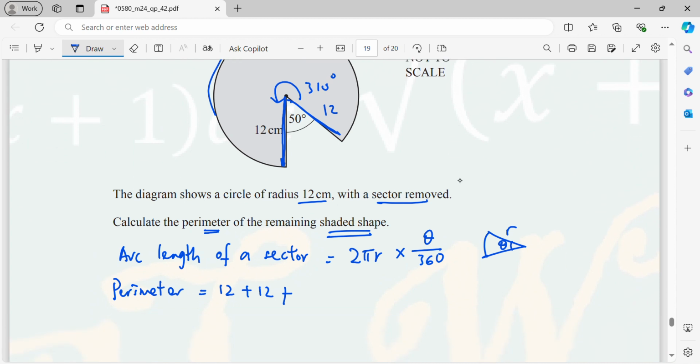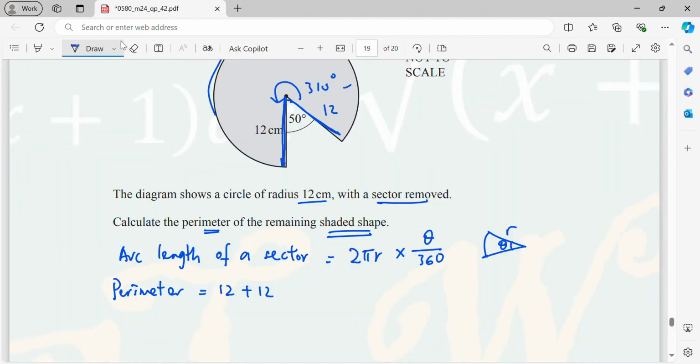So now this is 310. Okay, so 310, probably I will write 2 pi r first. Plus 2 pi is 3.142. The r is 12.